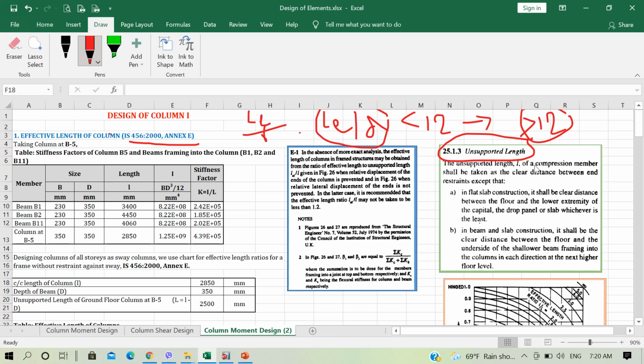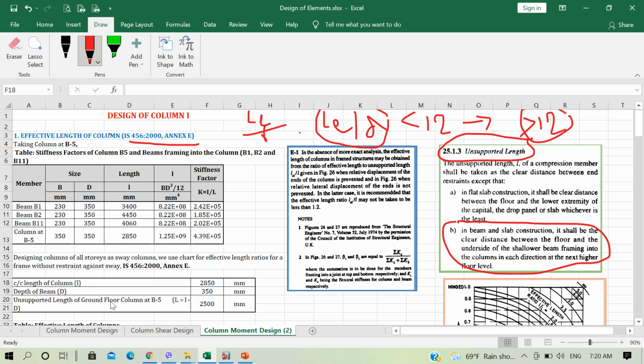The unsupported length L of a compression member shall be taken as the clear distance between end restraints, except that if you look at number B, it says that in beam and slab connection, it shall be the clear distance between the floor and the underside of the shallower beam. Since all the beams are the same, the depth is 350 mm.